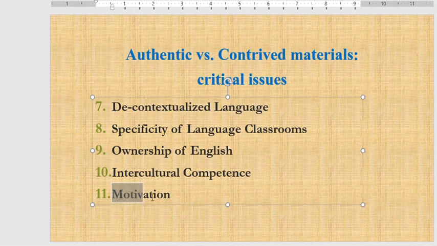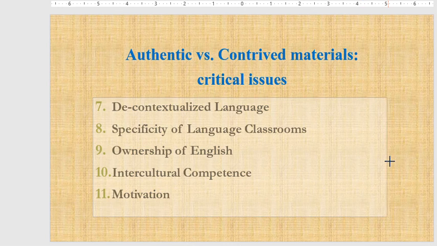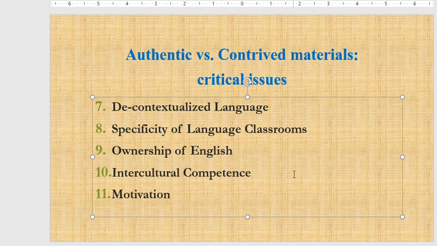The other one is motivation. It is believed that authentic materials are more motivating because gradually students think that whatever they are learning is exactly what they are going to use in their future courses or actions, and then gradually they find out, okay, whatever they have learned is strongly used by themselves for successful communication and interaction.